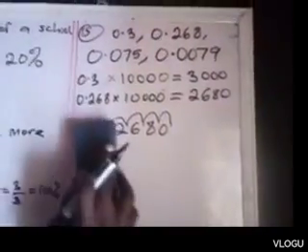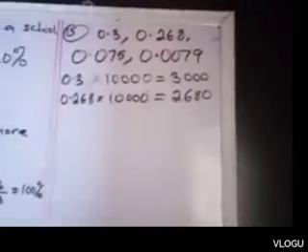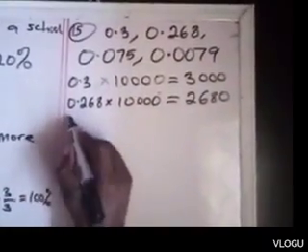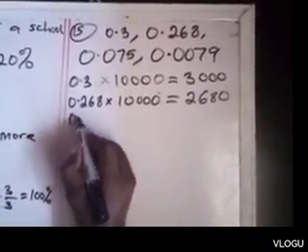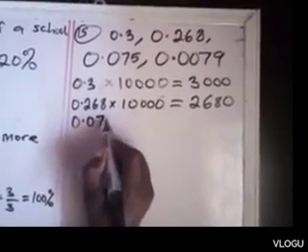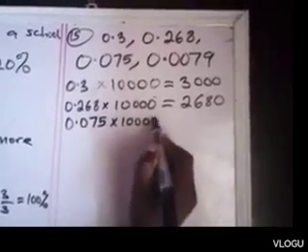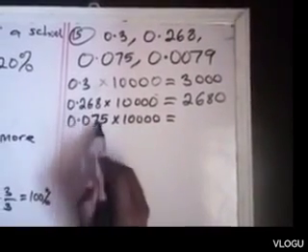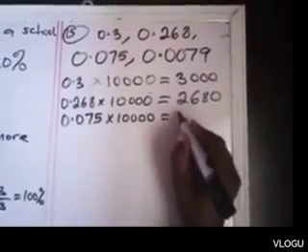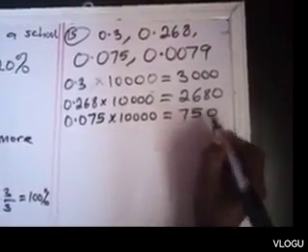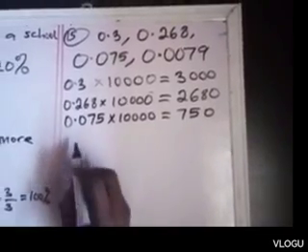You can follow me at home on how I'm going to get the next one. I won't show the movement again. 0.075 multiplied by 10,000. If I move four times, this is going to give me 750. You can do that in your notebook.